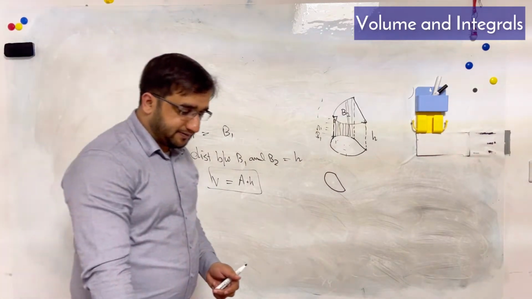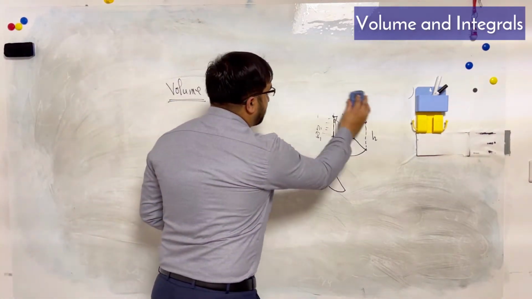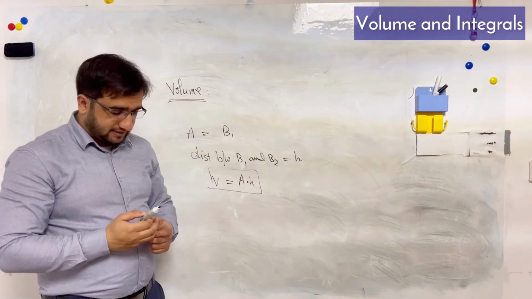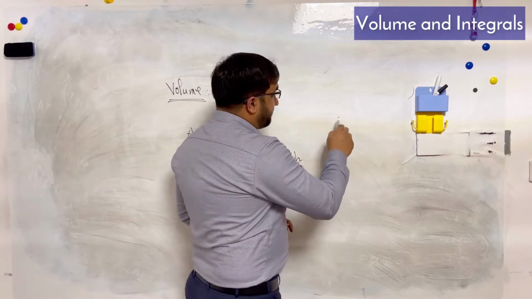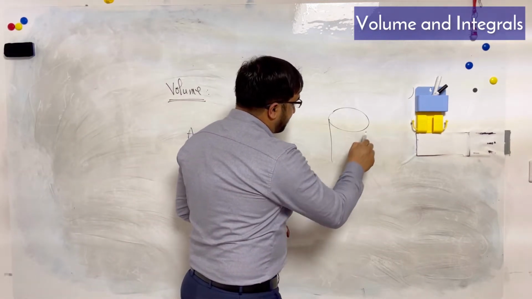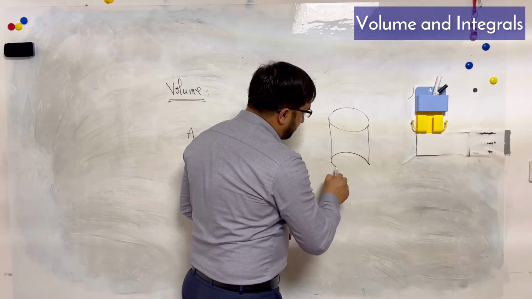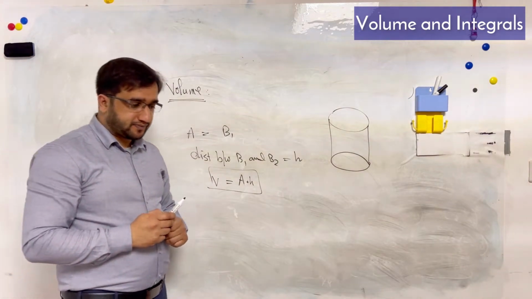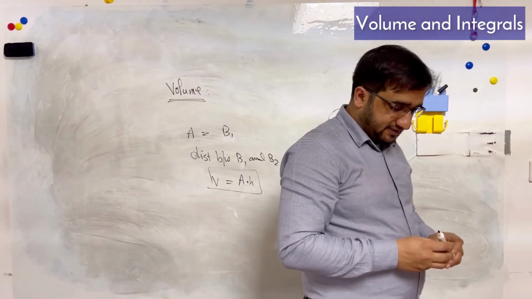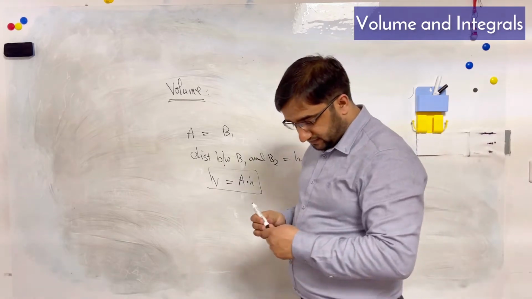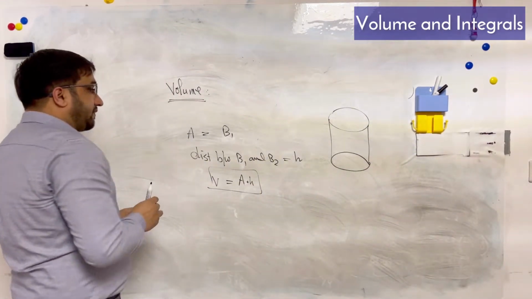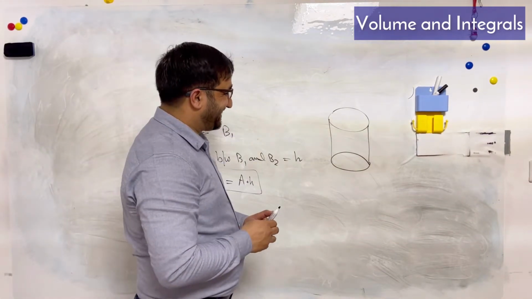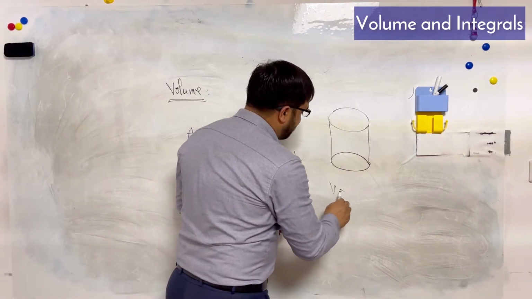Similarly, if you have a perfect circular shape, this kind of scenario is called a cylinder. If you have the same shape but a perfect circle like this, then what will be the volume? Any idea? What will be the volume of this shape?